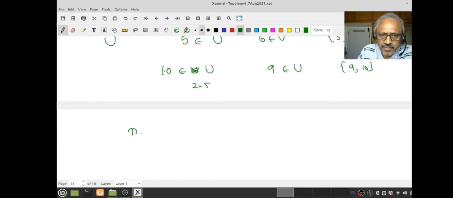if n is given and I am looking for the simplest open set U, then U must be, can you guess?